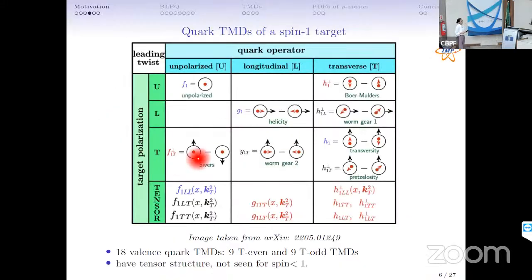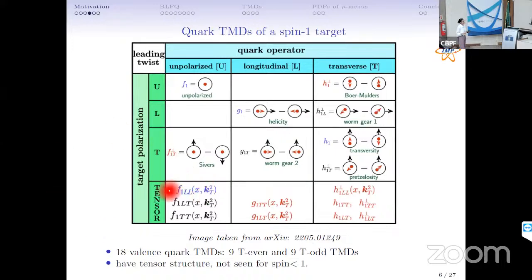First of all, we want to study the quark TMDs in the spin one system. There are a total of 18 valence quark TMDs. 9 of them are T even and 9 of them are T odd. The blue ones are T even, and the red ones are the T odd functions.